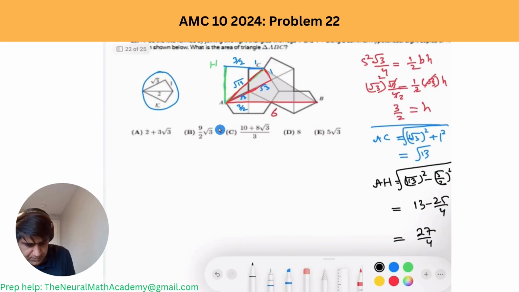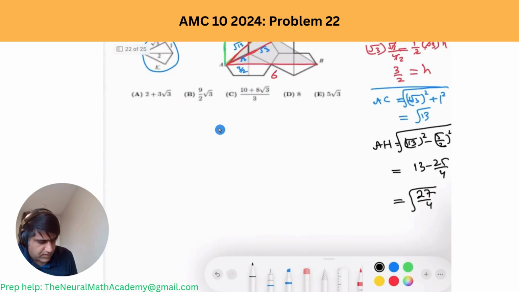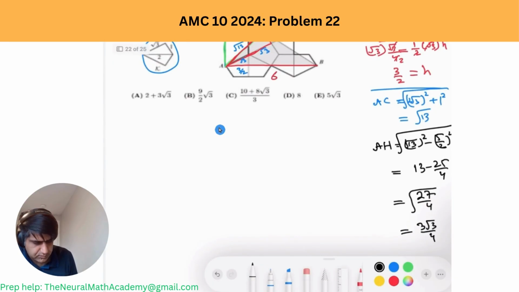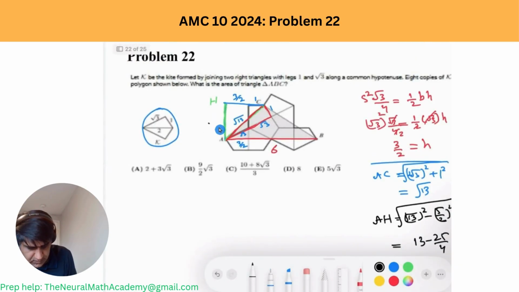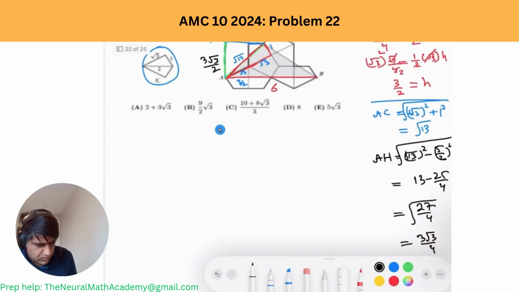So this is the square root of 27 over 4, right? Or I can then write it as 3 root 3 over 2, not 4. This is the height that I get.